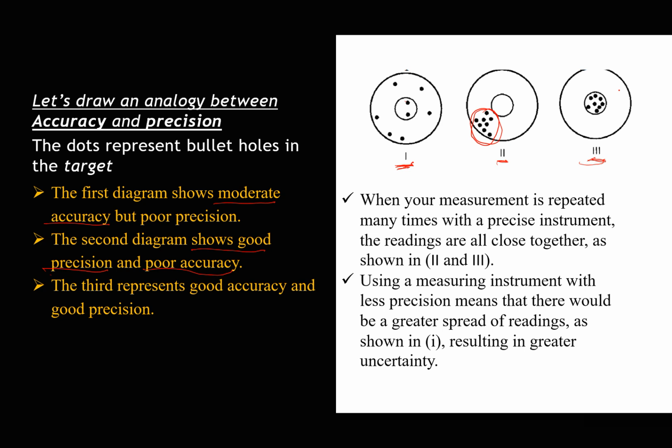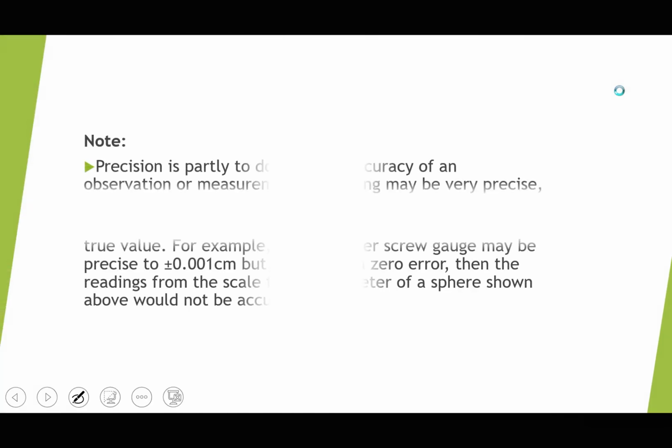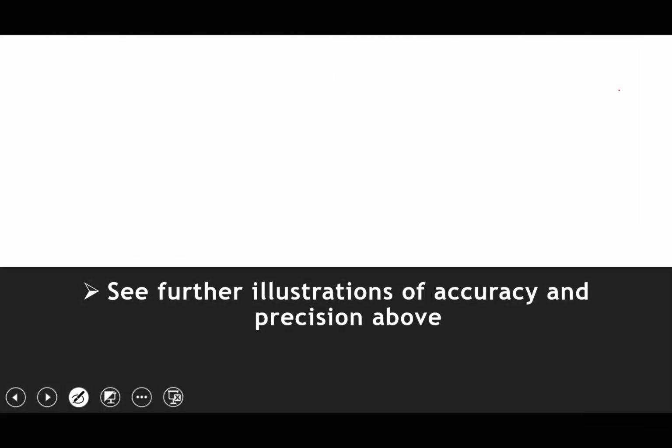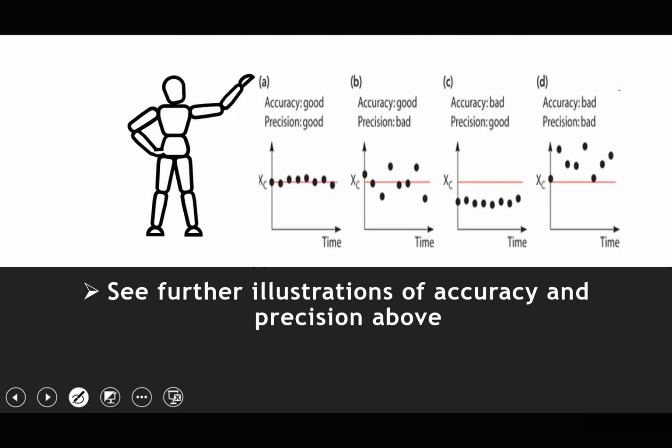Let's see further illustrations to fully understand the difference between accuracy and precision. So we have seen these are measurements. The dots are showing measurements which have been taken, and they are scattering around.